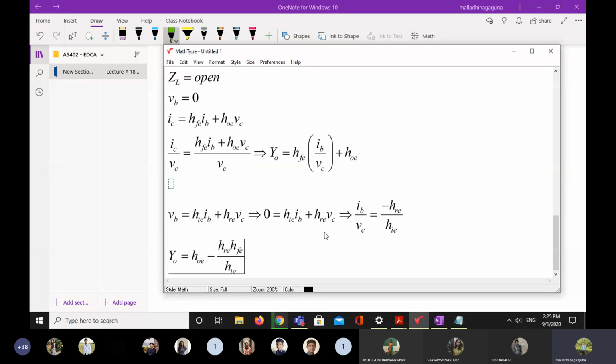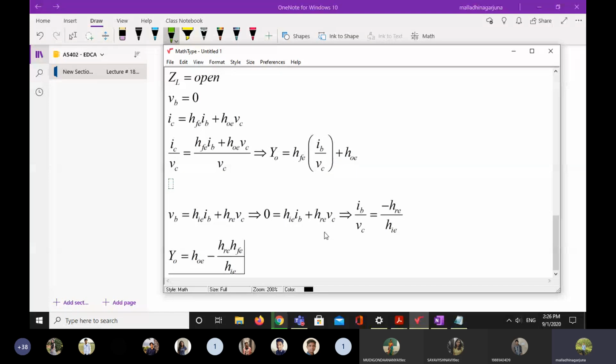Okay, so these are the four parameters we calculated: current gain, voltage gain, input impedance, and output admittance, without taking the source resistance into consideration. Now let us calculate the four parameters again, current gain, voltage gain, input impedance, and output admittance, by taking the source resistance into consideration.